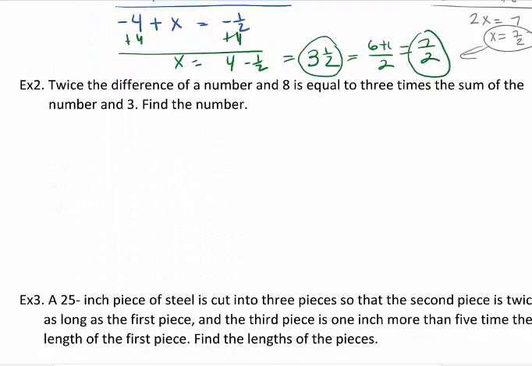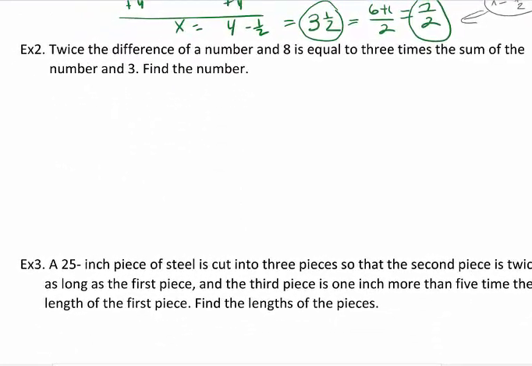So go ahead and read number 2. Again, pause it if you need to. Looking for keywords. Again, the word is. So we have twice the difference, so again, this means there's a parentheses there, of a number and 8. Difference means do it in that order. Equal to 3 times the sum.